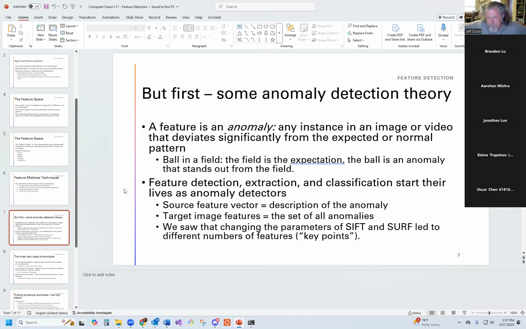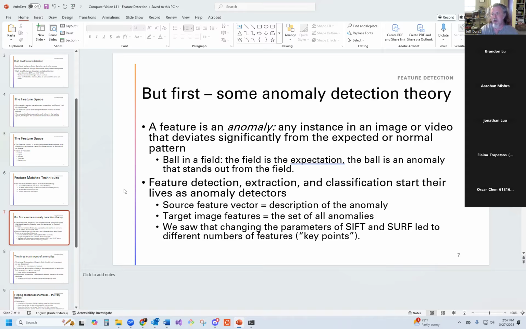So when we think about it from this perspective, essentially all of the key points these algorithms give us, of SURF, all of the key points are basically anomalies. They are points in the image that are statistically different enough from the rest of the image that it is flagged as, in our language with SIFT and SURF, a feature.